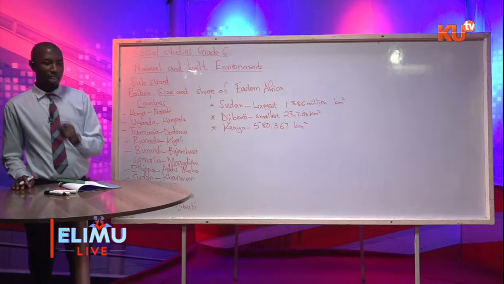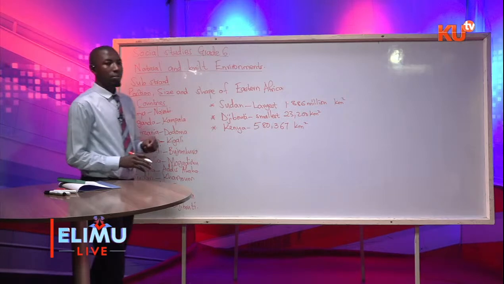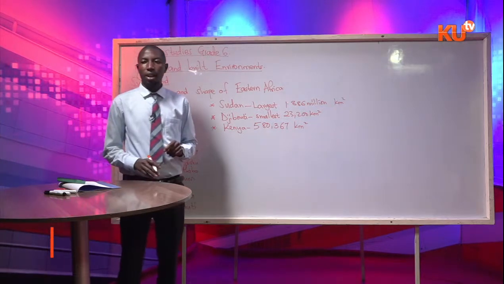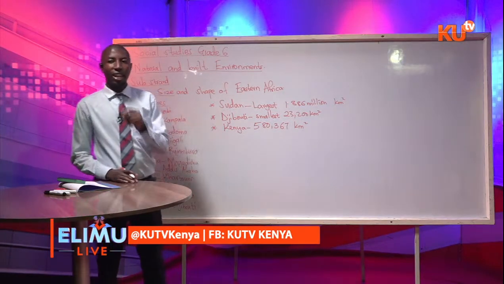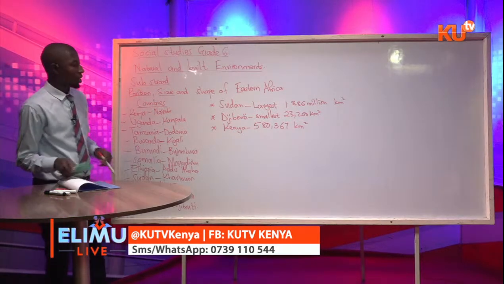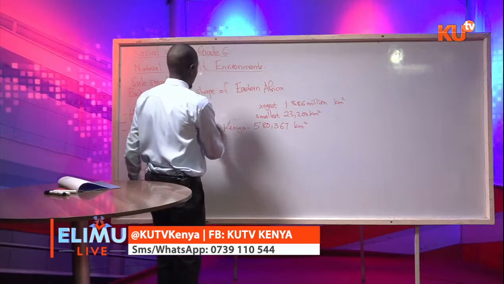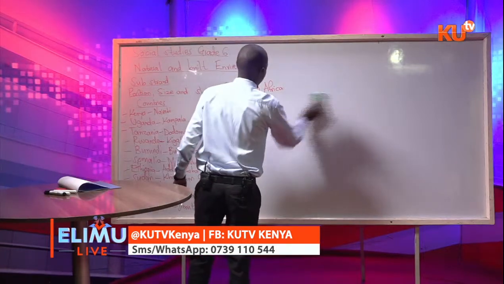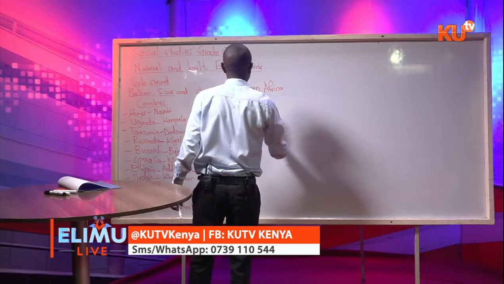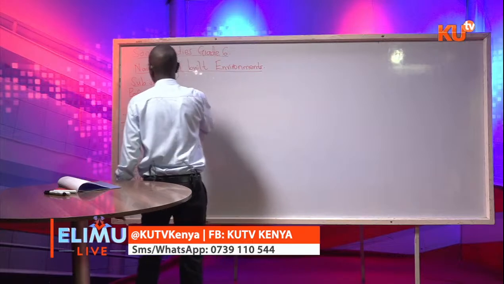When we want to find the position of a country, we use latitudes and longitudes. And that takes me now to latitudes and longitudes of Eastern Africa.